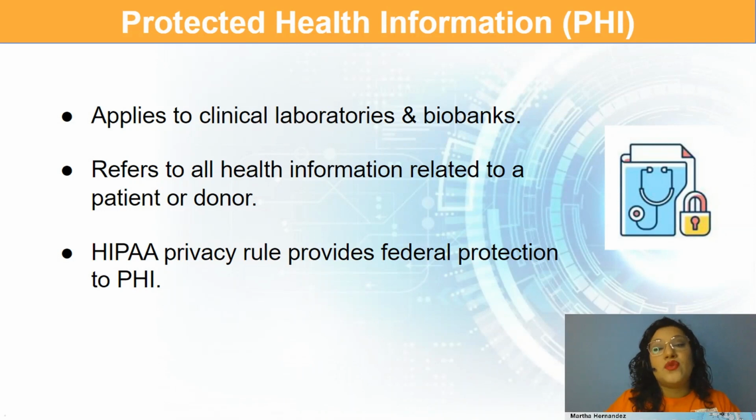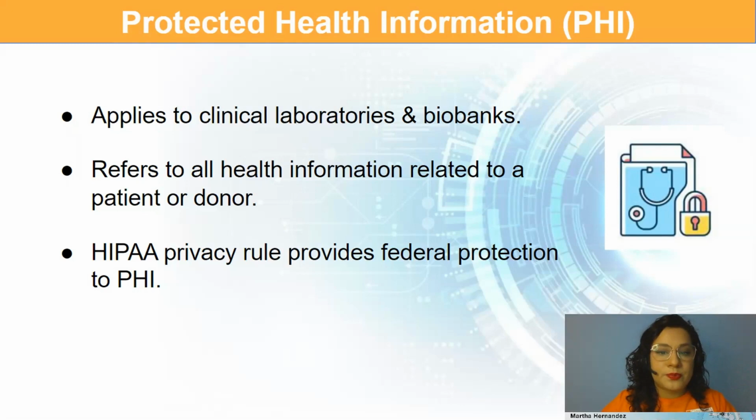The HIPAA privacy rule provides federal protections for this personal health information held by covered entities and gives patients an array of rights with respect to that information. This privacy rule encompasses all medical records and other individually identifiable health information used or disclosed by a covered entity in any form, whether electronically or in paper or orally.